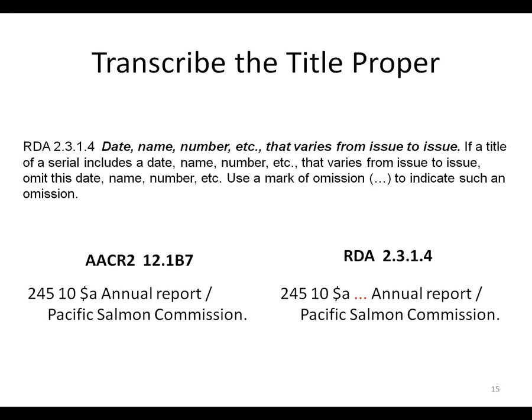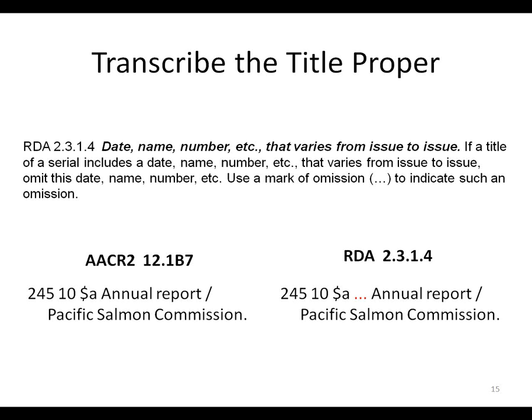Also, I had a conversation with Adam Schiff a couple days ago, and he pointed out that the mark of omission would also happen at the end of the title, even if the element which varies from issue to issue, the date, the number, the name, is not grammatically connected.